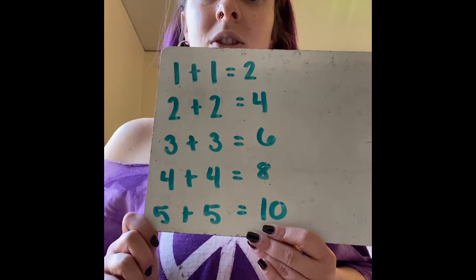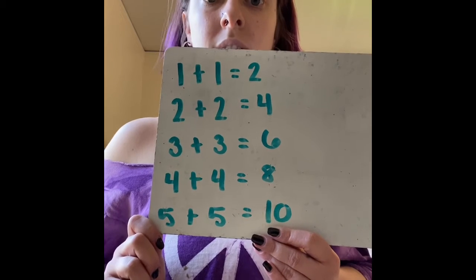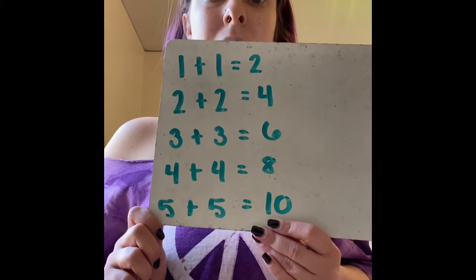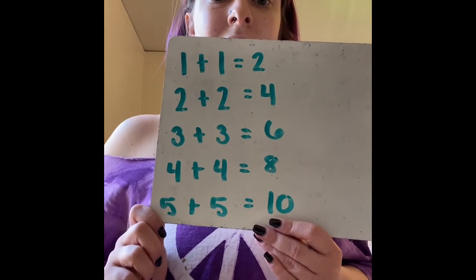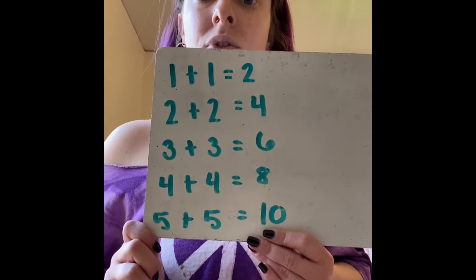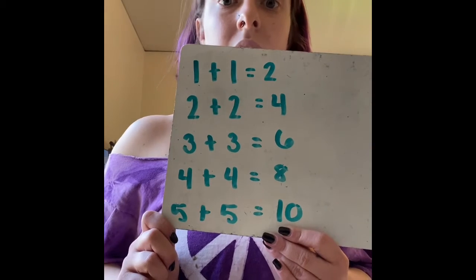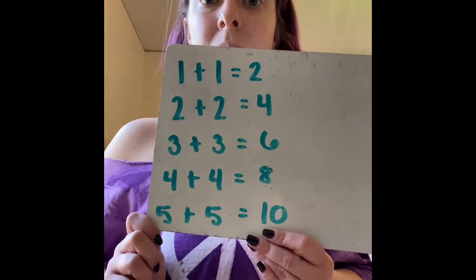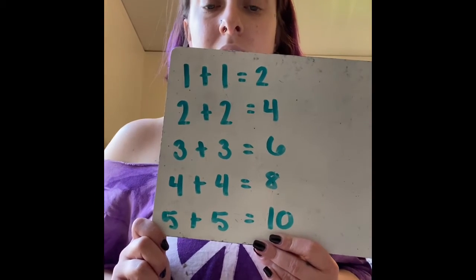Okay, Miss Taylor's going to share 3 of what she noticed. If you agree, let me know in the comments, or if you disagree or you have noticed something else about these equations, comment below because I want to hear your great ideas, okay?